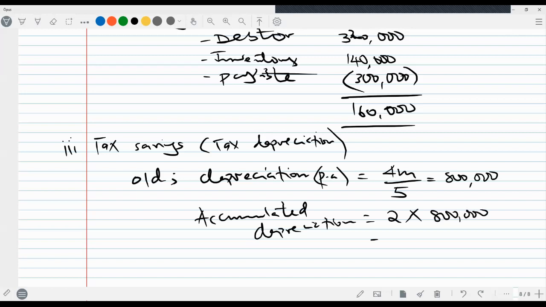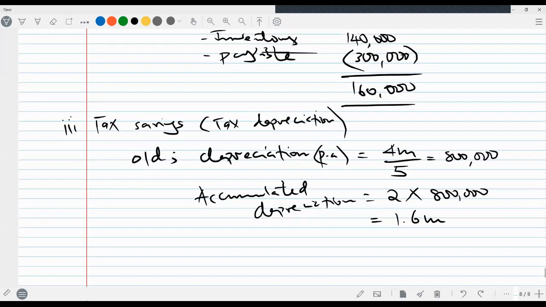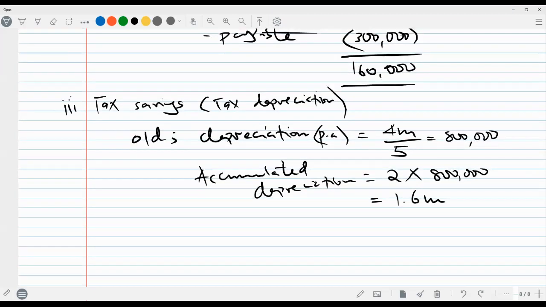So the company has already claimed an allowance of 1.6 million. So what is remaining is 2.4 million. After the evaluation, this asset can be used. However, the valuer has now estimated that the machine shall have an economic life of 10 more years.